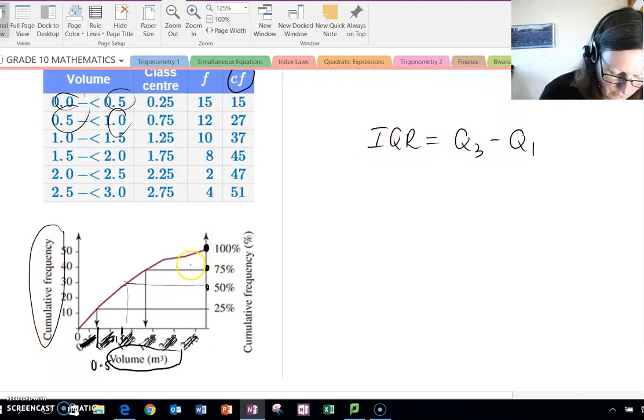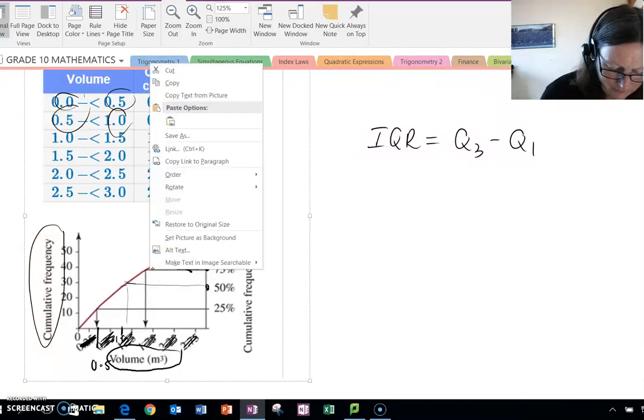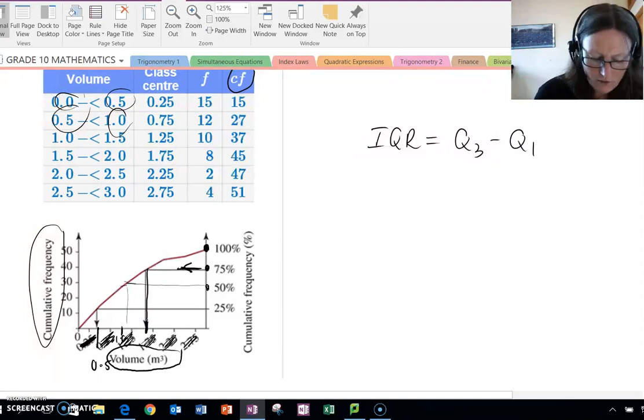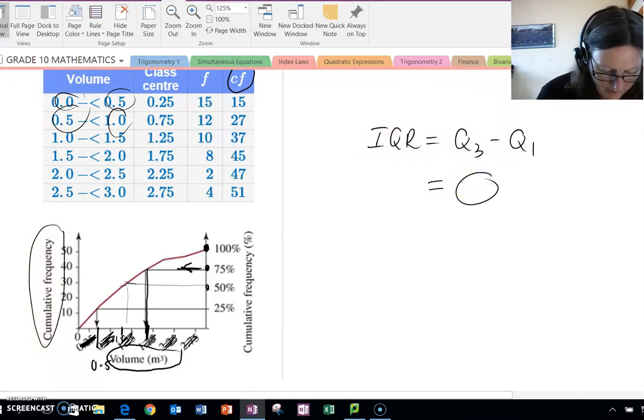We rule a line across, such as this line here, till we hit our red ogive, and then we rule a line down, and we see where that is on the bottom axis. And whatever score this is here, we write as Q3. So when we read down, again, hard to tell because it's messy here, but when we read down, I think that looks like it's about 1.6.